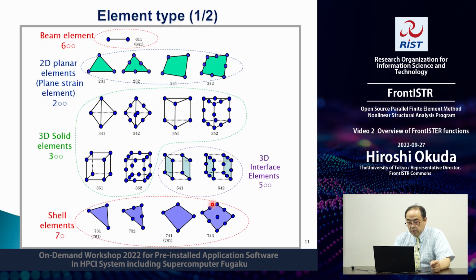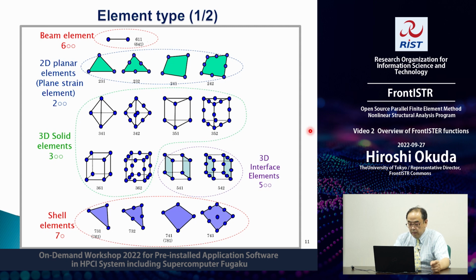This slide shows the types of elements. So these topologies are supported as elements. For the one-dimensional, two-dimensional, and shell elements, and also the three-dimensional solid elements are supported like this.